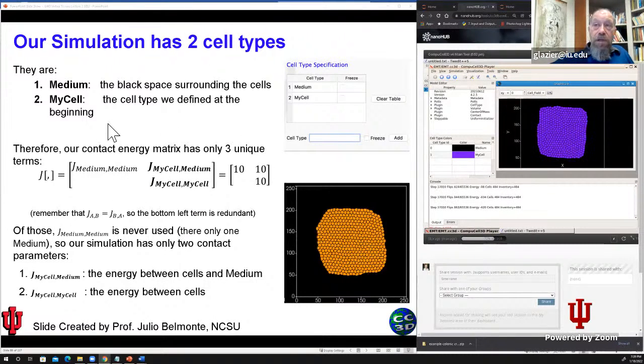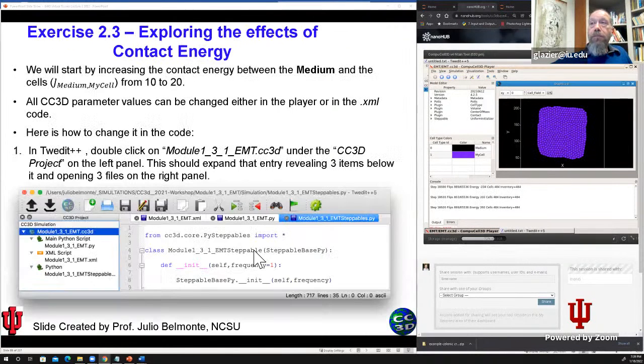In our case, we only have two cell types, the medium, the black here, and the cells that we defined. And so we only have three possible contacts. Medium to medium, we only have one medium cell, so we never have medium touching medium. Cell contacting cell, and medium contacting cell. So we really only have two energies to worry about. All right.